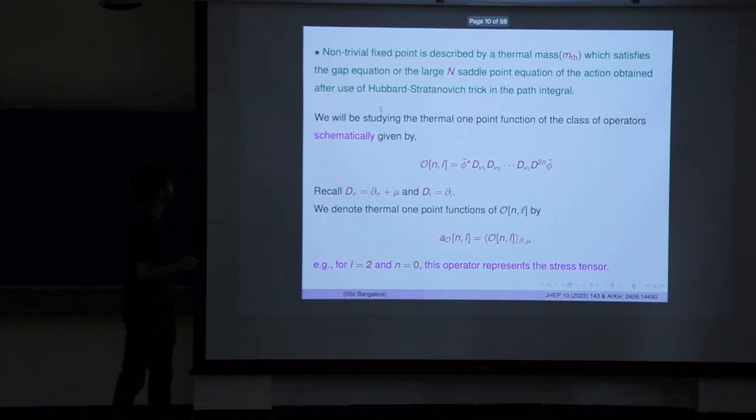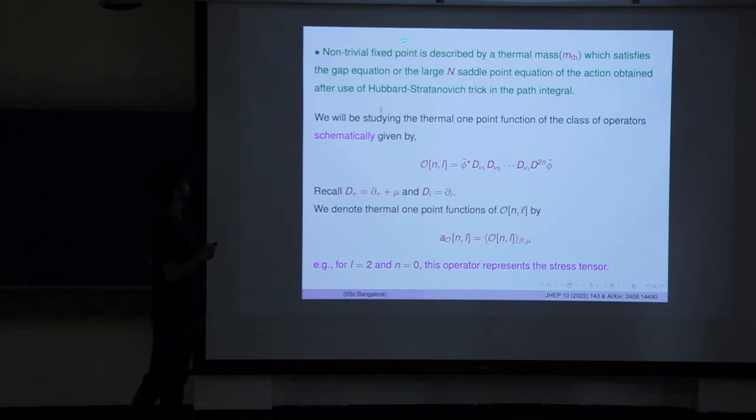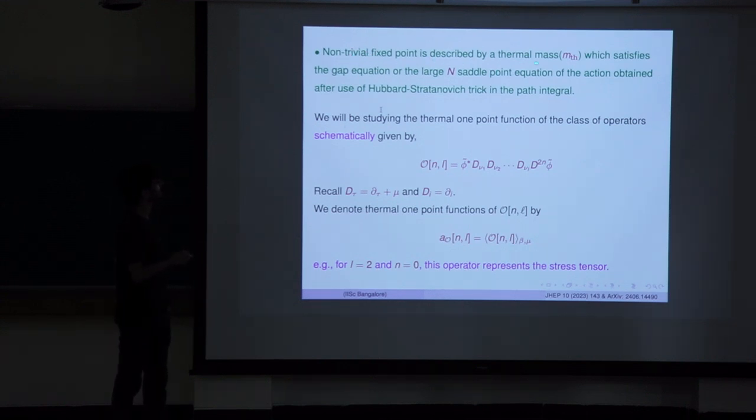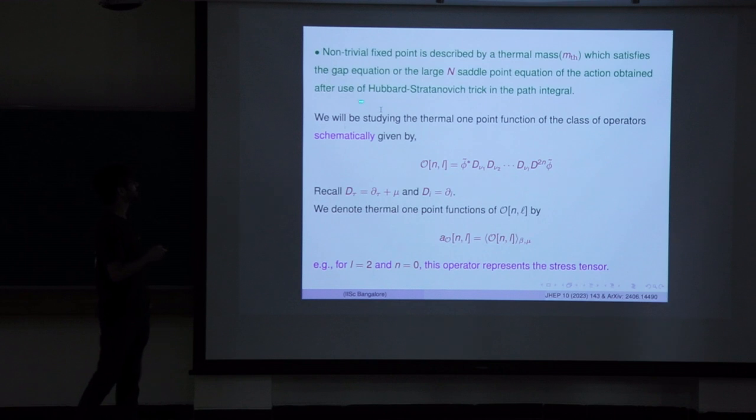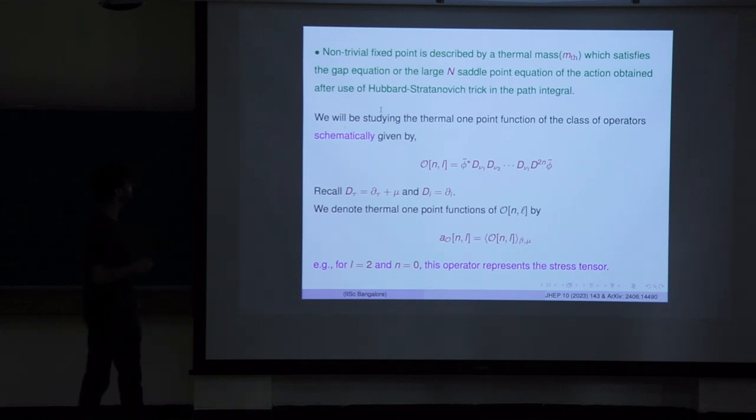Then I will clarify this non-trivial fixed point a little bit more. It is described by a thermal mass m_th, which satisfies the gap equation, or the large N saddle point equation of the action, obtained after use of the Hubbard-Stratonovich transformation in the path integral. Although I won't give much detail about it.